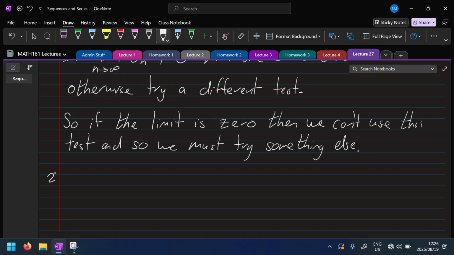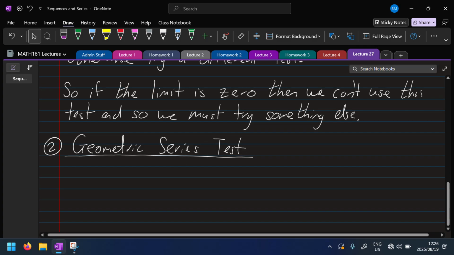Number 2, the geometric series test. You know this one from before. As the name suggests, we have some geometric series.